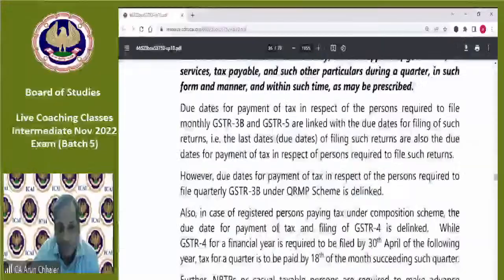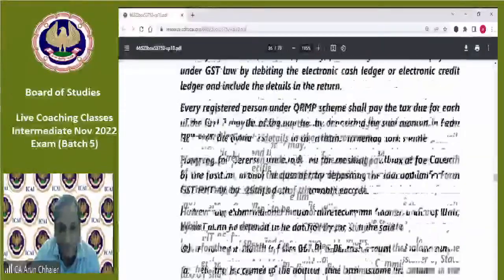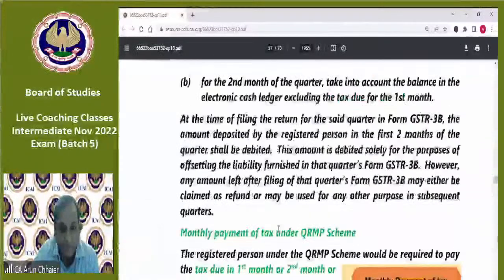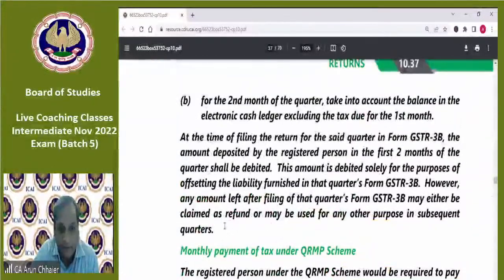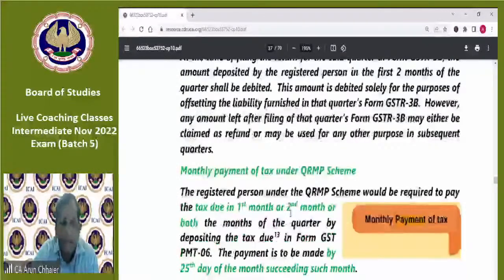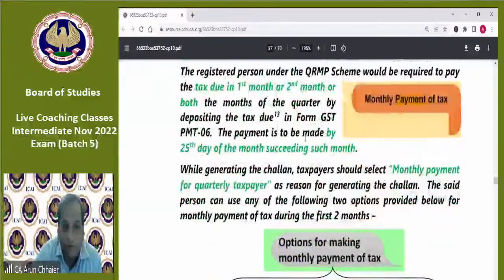We are not going to discuss this part, as we have already discussed it in detail. Monthly payment of the tax under QRMP for first month and second month, the due date is 25th. While generating the challan, it would be under monthly payment for quarterly taxpayer.